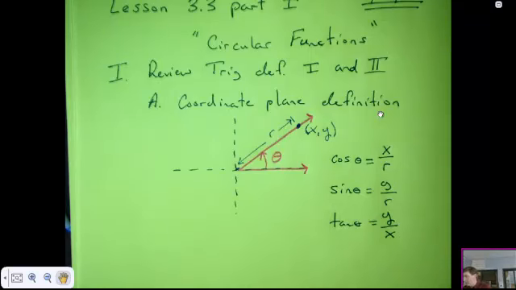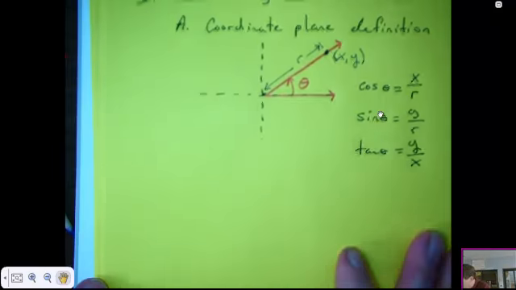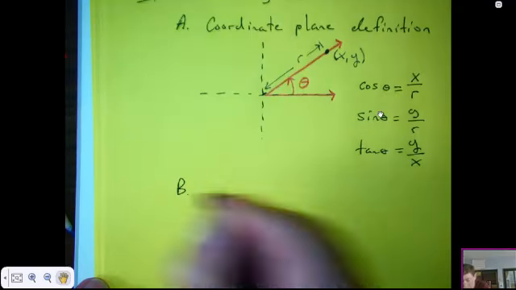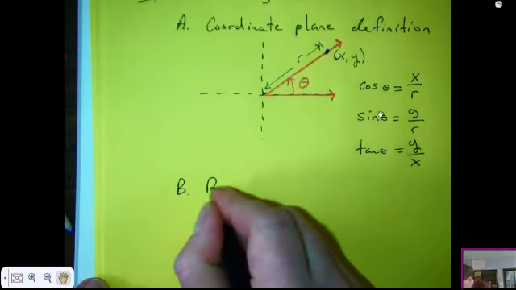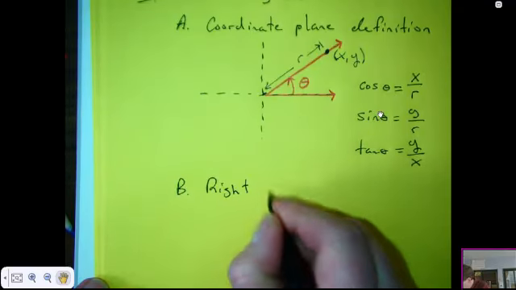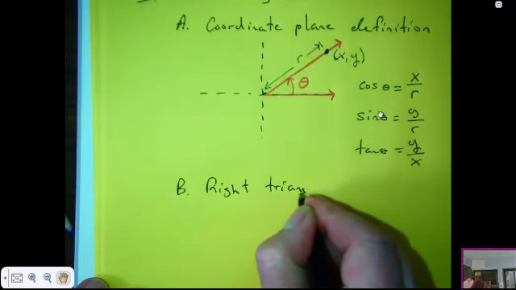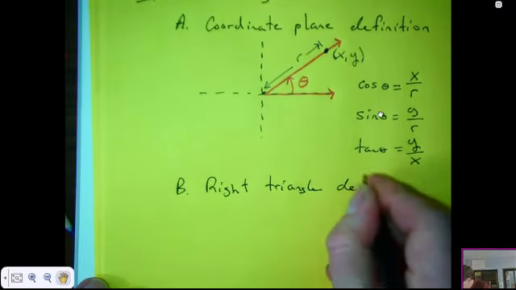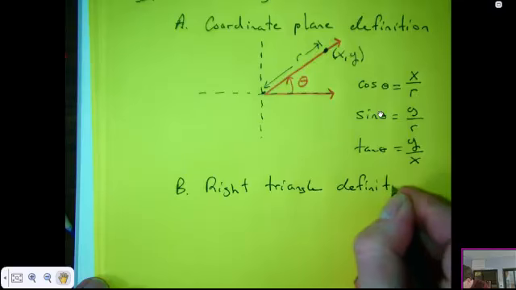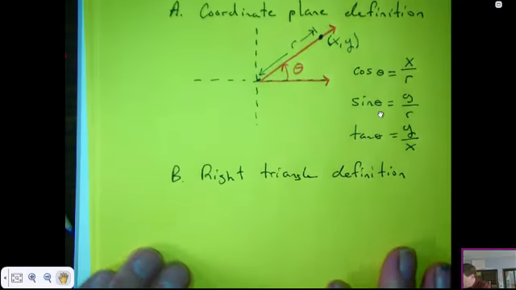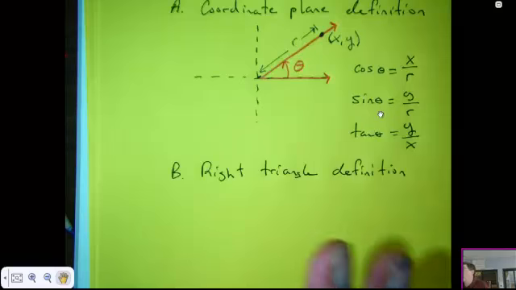I'm not going to go to the other ones. We don't need to do that. And then, right, we moved on to chapter 2. We had definitions based on right triangles, which was kind of the trig you had done in geometry and algebra 2. So we have our right triangle definition. This one, of course, was not based on the coordinate plane.